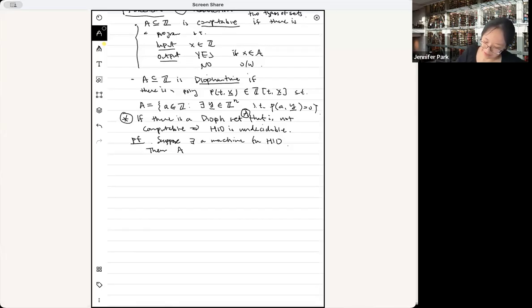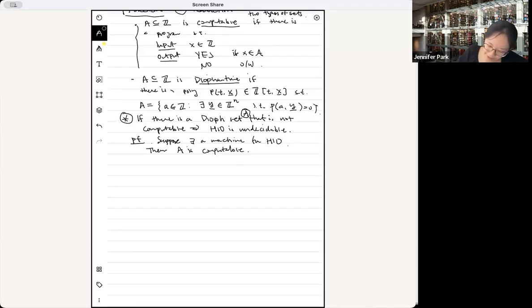I claim that A is in fact computable. And that would be a direct contradiction, because I said if there is a Diophantine set that is not computable, then Hilbert's 10th would be undecidable. And if it were decidable, then any Diophantine set is going to be computable. That's what I'm trying to say.